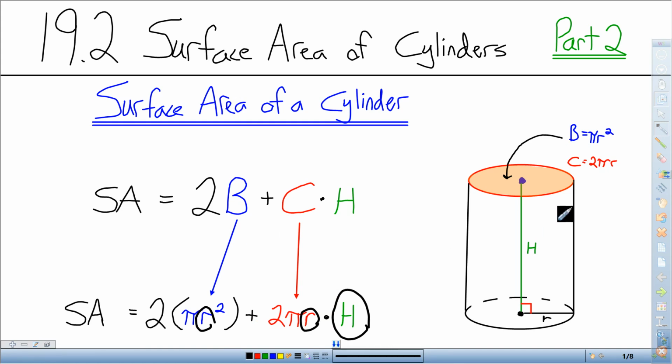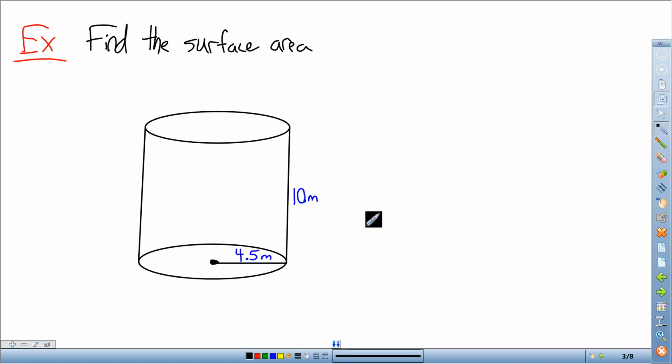Okay. So it looks a little crazy after you plug in these formulas, but it's really not too difficult. Again, I would say the difficulty comes down to typing it correctly in a calculator. So we just have to be careful with that. Okay. Cool. So let's go ahead and try this out, and let's get this first example. So go ahead and copy this, and we'll try it together.